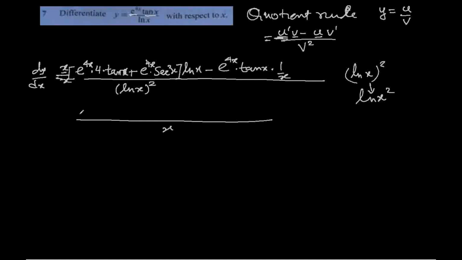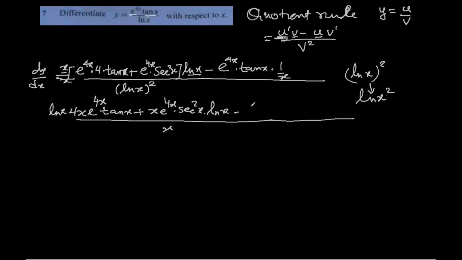This x will multiply with everyone: x e to the power 4x, and then we have 4, so I will write 4 here, tan x, plus again x e to the power 4x secant square x, and we have ln x multiplying with both, so I'll multiply ln x here and ln x here as well. There is no b part, otherwise this would not need to be simplified further.